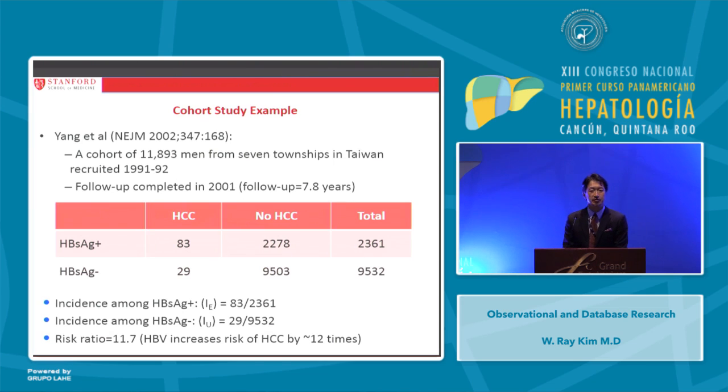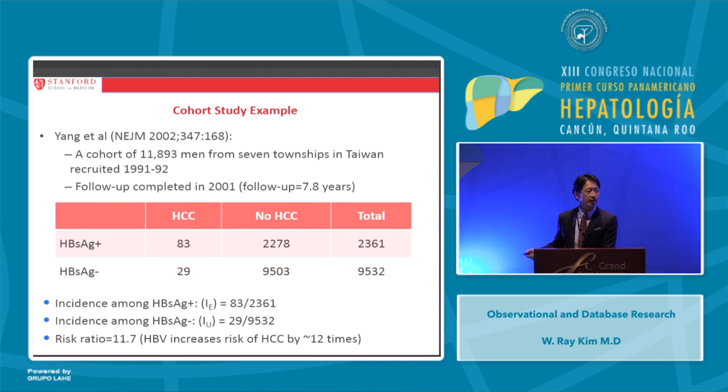Let's look at an example. This was a New England Journal paper from Taiwan, a cohort of 12,000 men from 7 townships in Taiwan, long time ago. And they followed them for 8 years. And they came up with this 2x2 table that we just discussed. So exposed, 2,300 patients. Unexposed, 9,500 people.